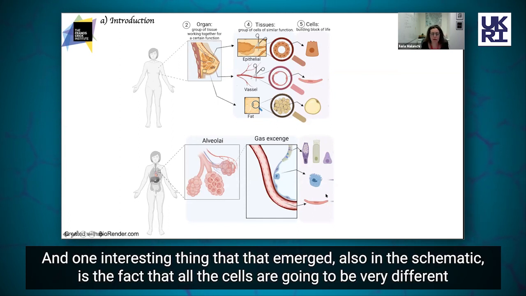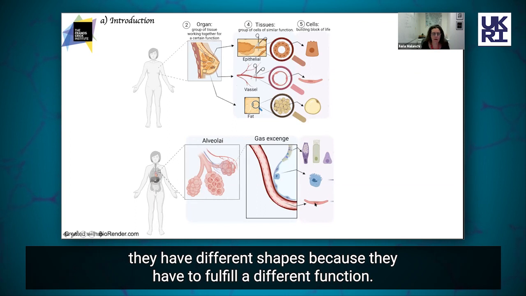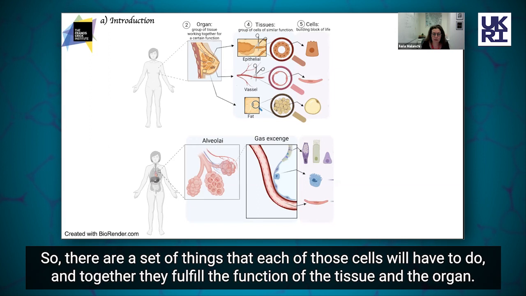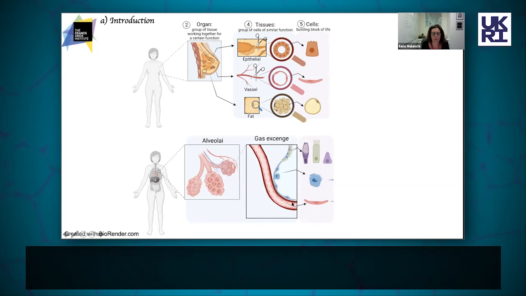And one interesting thing that emerges also in this schematic is the fact that all the cells are going to be very different. They have different shapes because they have to fulfill a different function. There is a set of things that each of those cells will have to do, and together they'll fulfill the function of the tissue and the organ.